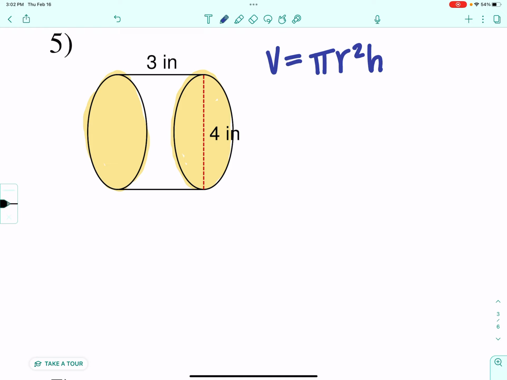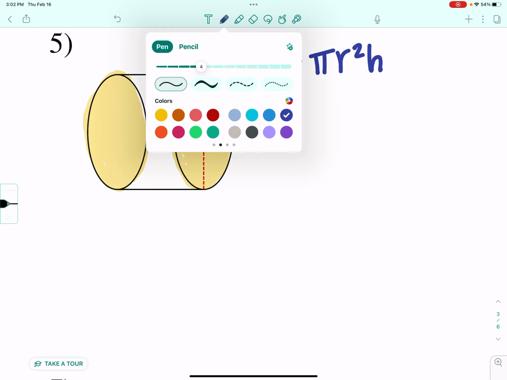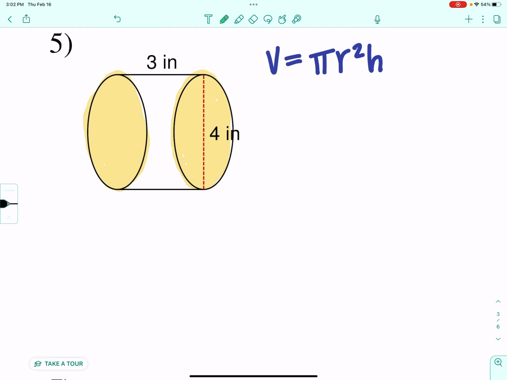Now, if I look at my picture, they don't give me the radius. They give me the diameter. If the diameter is 4, that means each radius has to be 2 inches. And I know the distance between the bases of my cylinder is 3, so that's going to be my little h. And I'm all ready to start plugging things in.